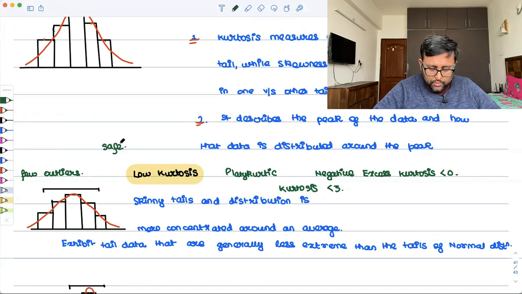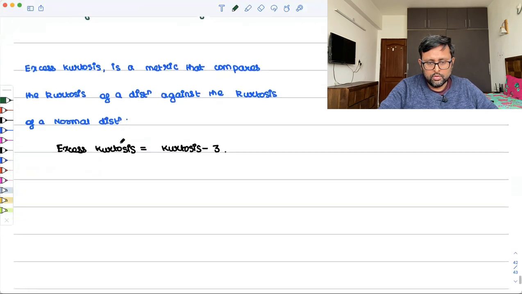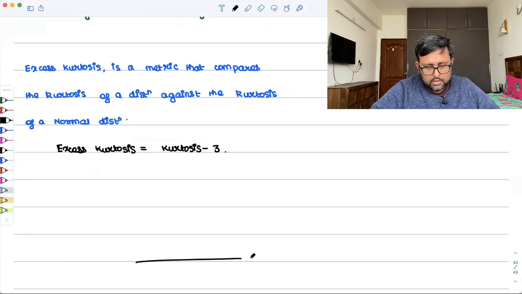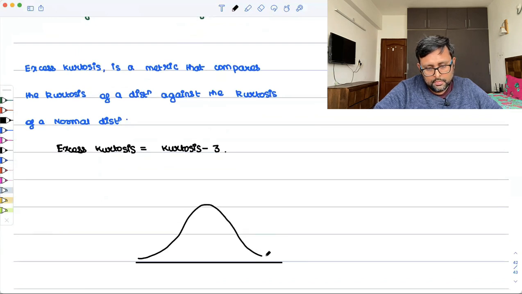And if you just want to plot this in one go, you have this guy, right? This guy is your mesokurtic, the black one.